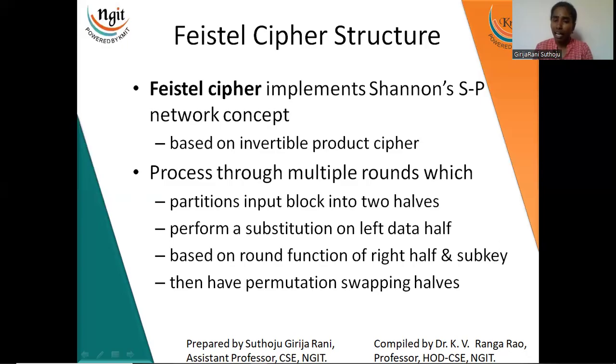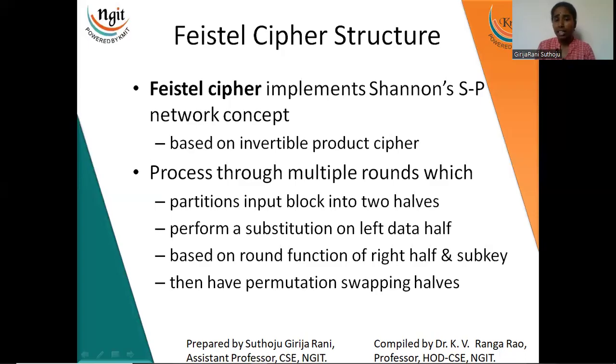Now, when we have our content, the plain text, in our hand, first divide it into two halves in the Feistel structure. Left part, right part. Whenever required, perform substitution on the left data.